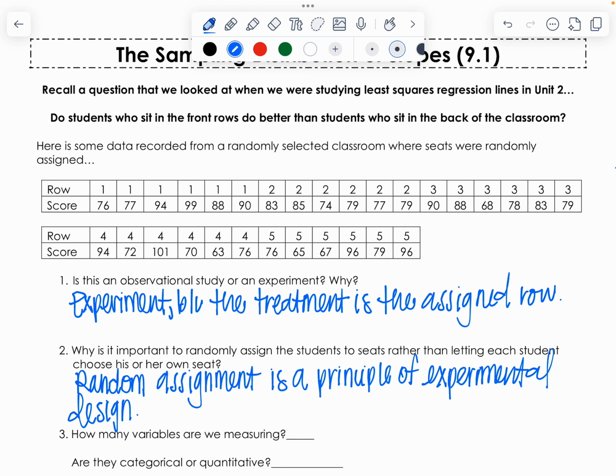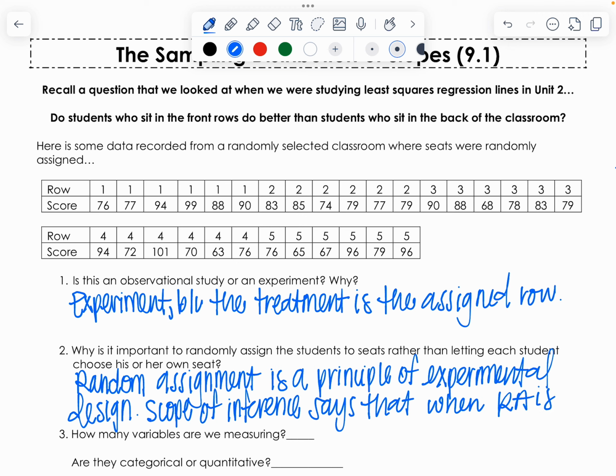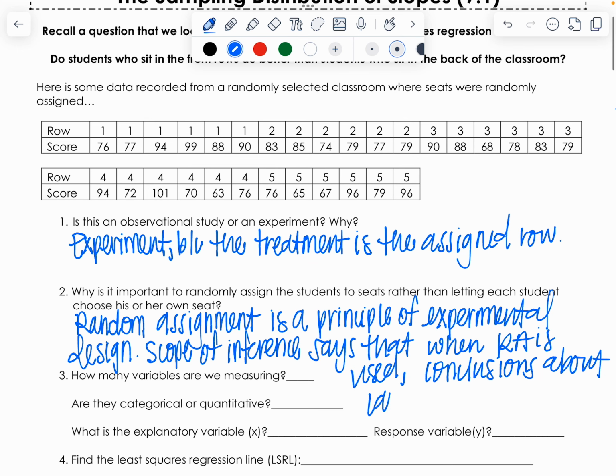Also, remember we learned about the scope of inference. It says that when random assignment is used, conclusions about cause and effect can be made.